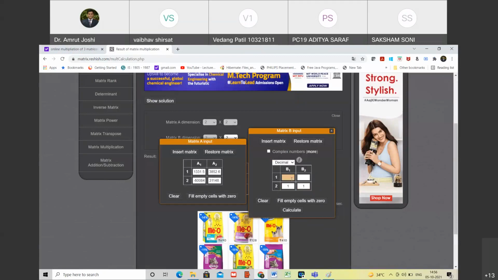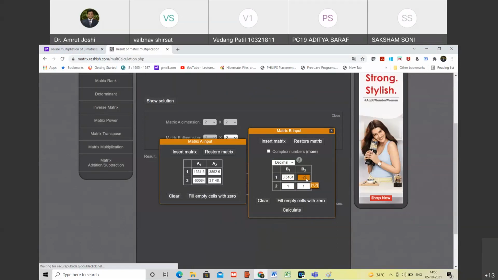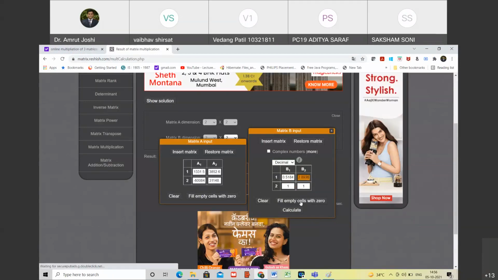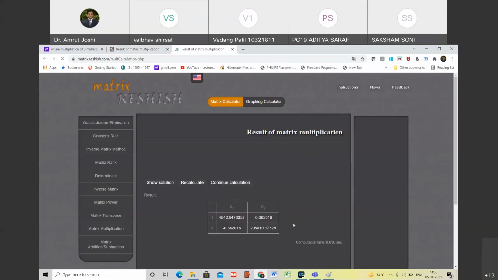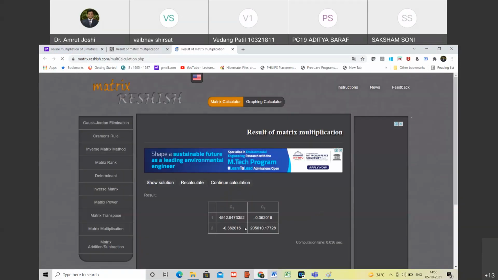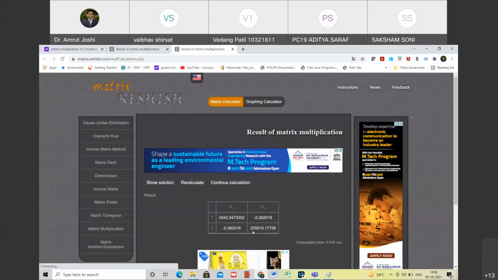Phi matrix is 0.51842, and my second one is 2.8936. Calculate. So this value is 0, off diagonal, and this value is 4542.947.